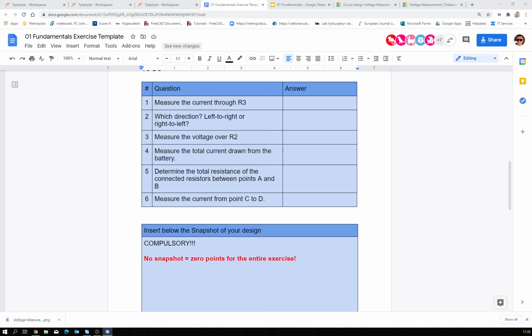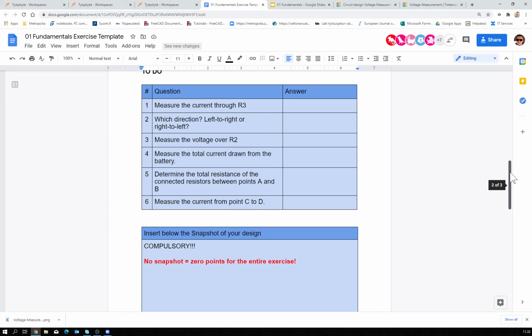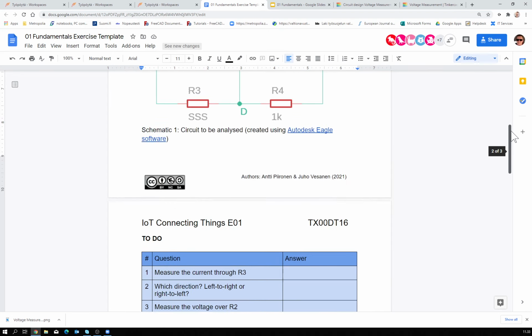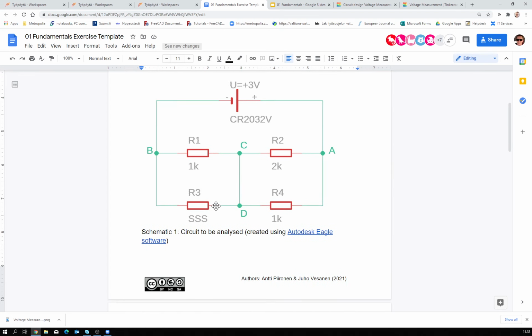Yeah, I have a question about measuring this. What was the current? Current meaning current flowing through. One current, you actually measure the current through this resistor.